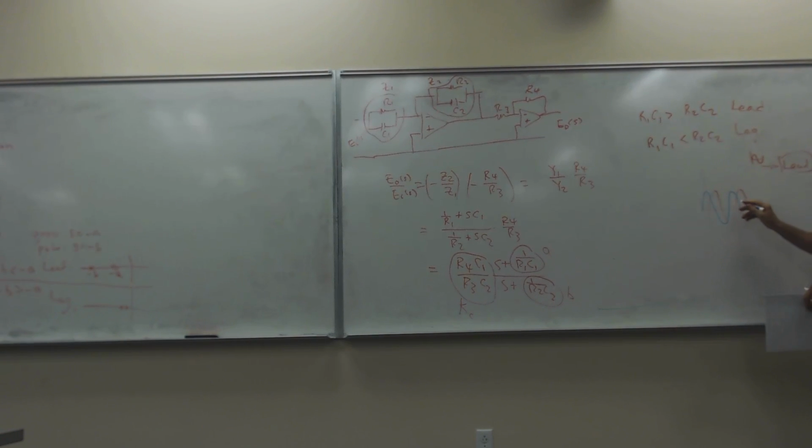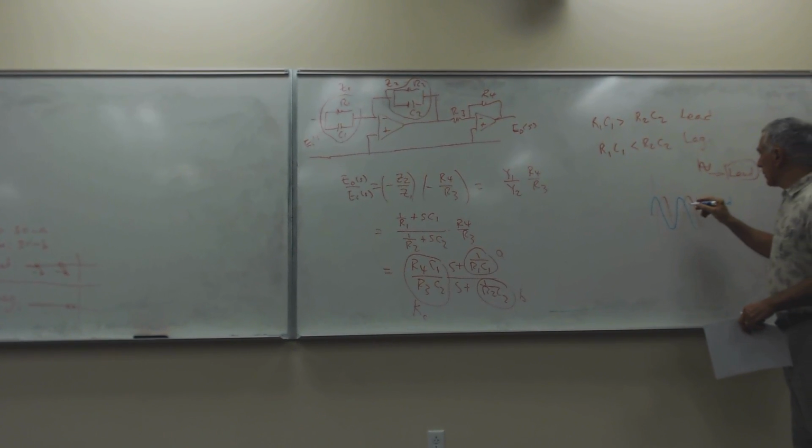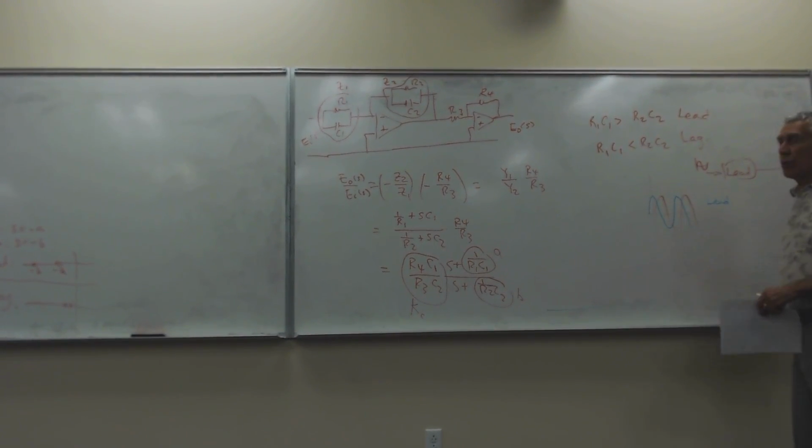A lag compensator would lag, right? It would come after. Right, so this is the lead. So the red is the input, the blue is the output. Okay, and the lag compensator is just the opposite.